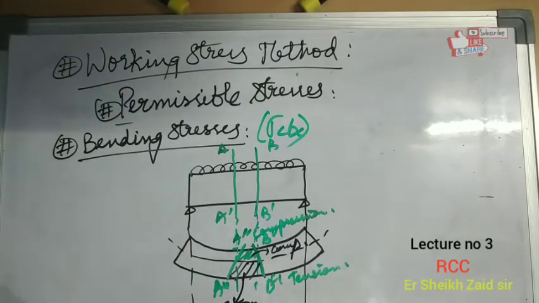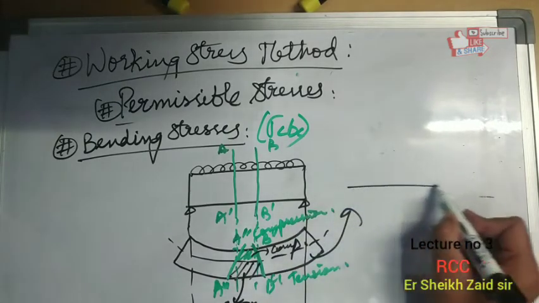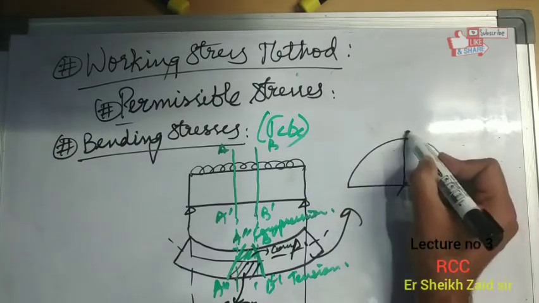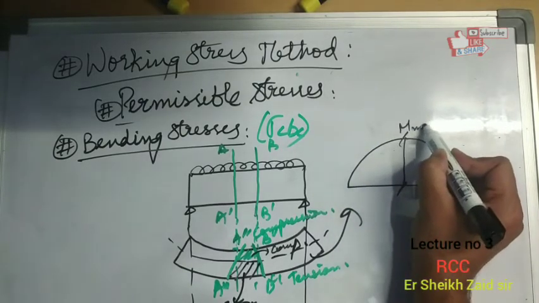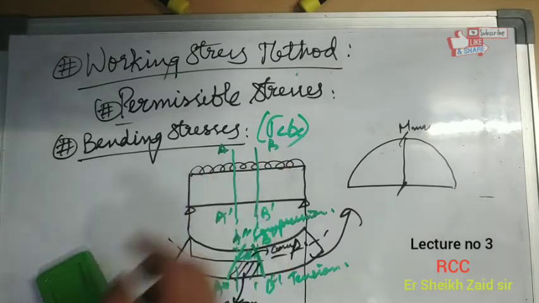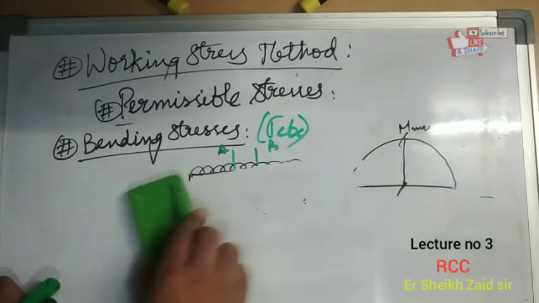Also, if I make the bending moment diagram of this beam, it will be somewhat like this, with maximum bending moment at the center. This was a simple demonstration of a simply supported beam subjected to a UDL, its deflected shape and the bending moment diagram.